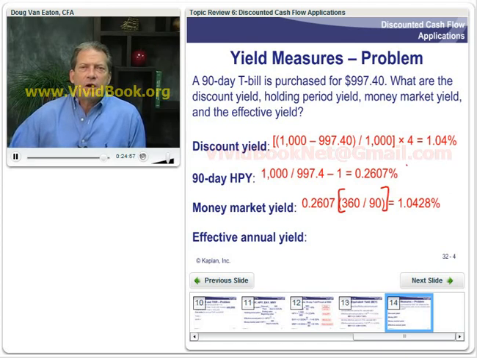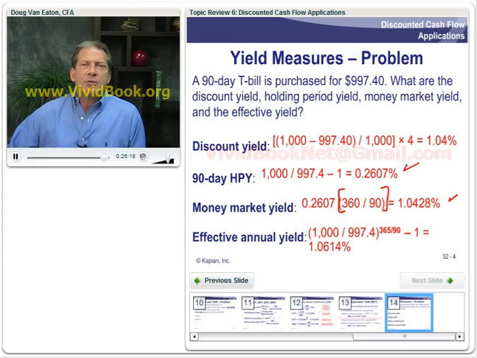0.2607%, our holding period yield, times 4. So our money market yield is 1.0428%. Our effective annual yield is going to reflect compounding, so it's going to be a little bit higher. Let's see how much higher. We can take ending value over beginning.